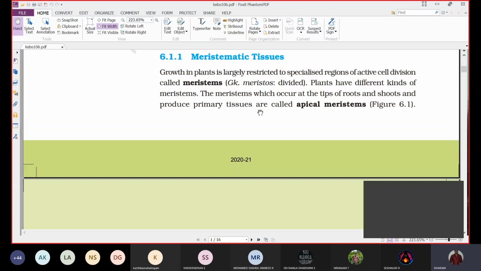In the same manner, when you observe the shoot tips, it may be the main stem or the branch, there we'll find some meristems, which consist of cells in continuous cell division.